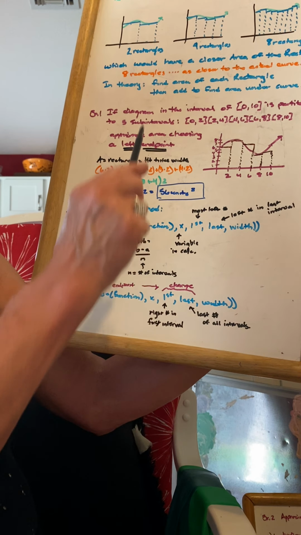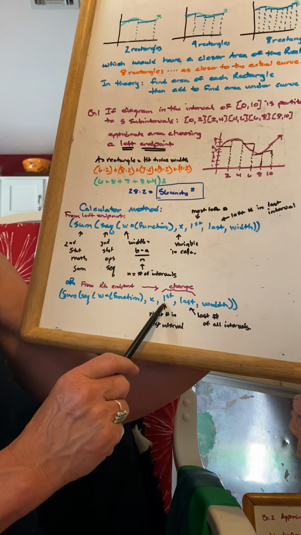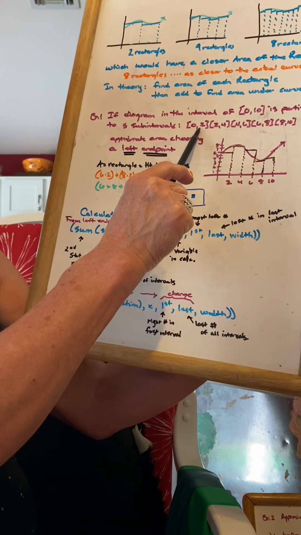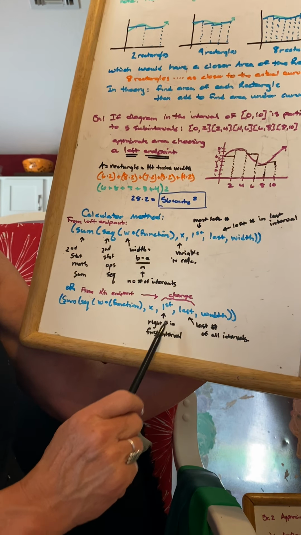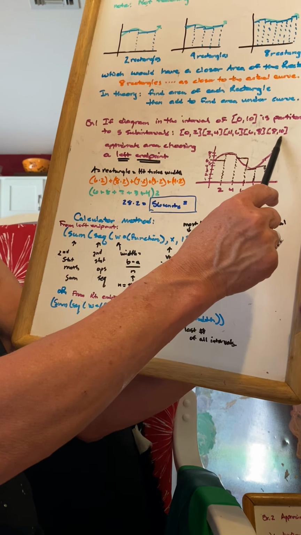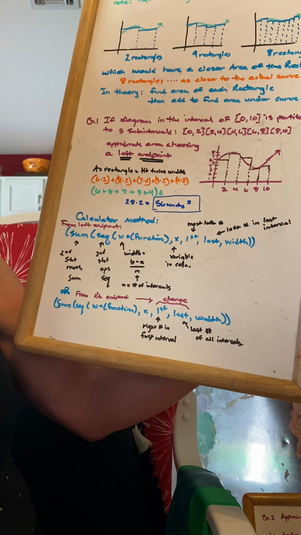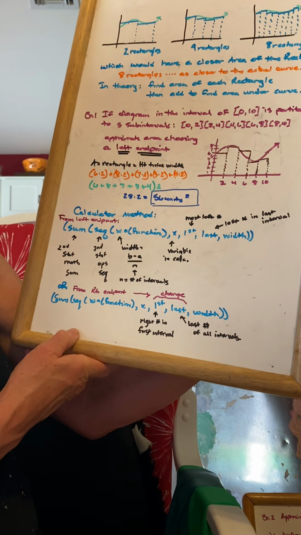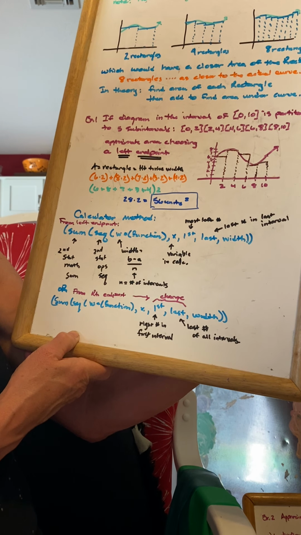So if we were doing this problem from the right endpoint, we would use 2, because 2 is the right number in the first interval. Last is the last number of all the intervals, or the right number of the last interval, 10 in this one. All right, now that's a lot of just words, but that's going to help you, because once you get that, you get to use your calculator and just punch it in the calculator.